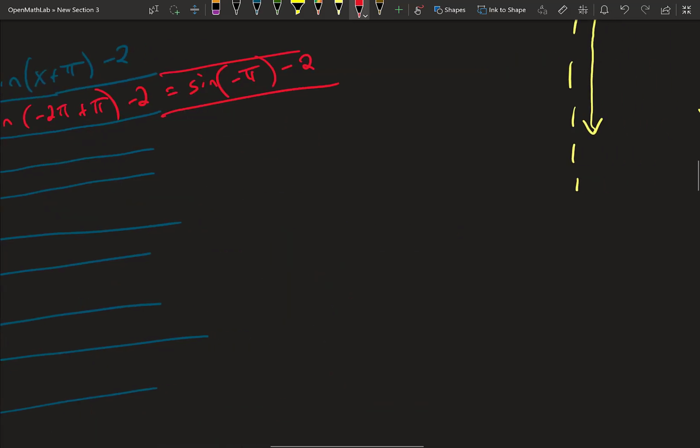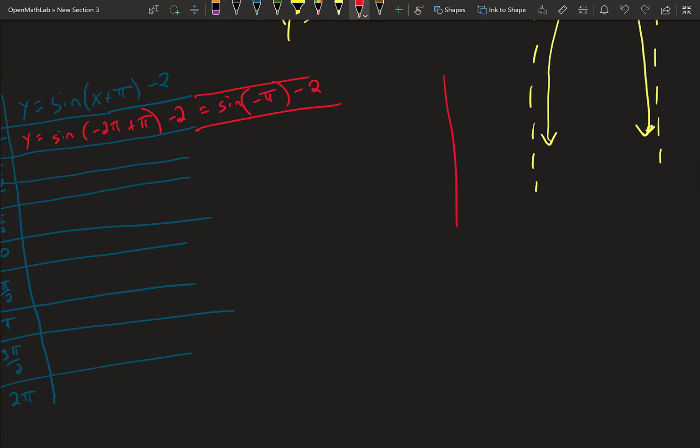So then, if you need to, it's perfectly fine to draw a unit circle just to have a frame of reference. So if we want to do negative pi, I would be here at this point, which is at the coordinates negative 1, 0. So then, sine is the y coordinate, so sine of negative pi would be 0. So this would be equal to 0 minus 2, which is just negative 2, right?